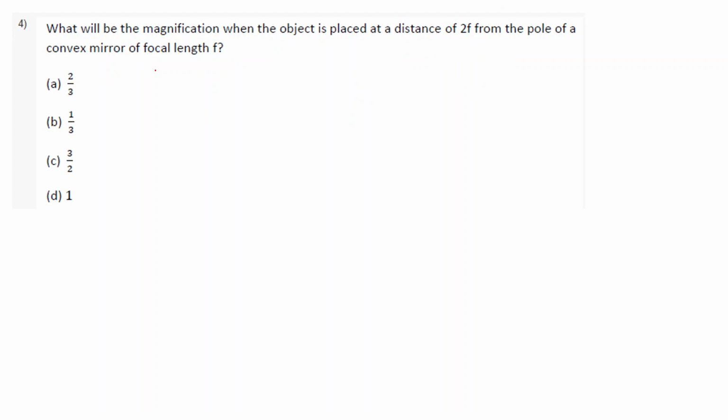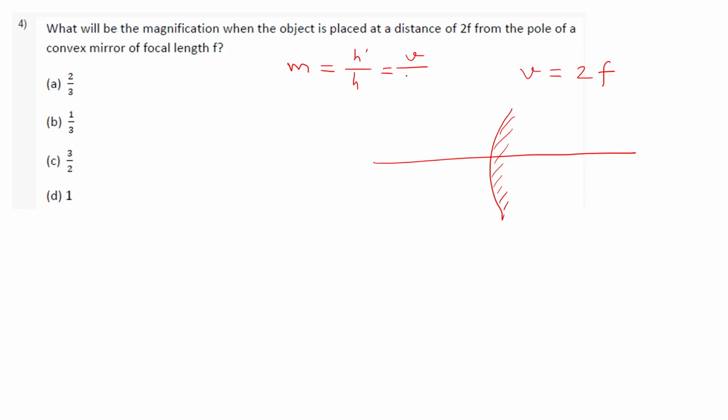And this question is, what will be the magnification? Again we are talking about magnification when the object is placed at a distance of 2f from the pole of a convex mirror. Now here we are talking about a convex mirror, and we need to find out the magnification, which is h prime by h, or the ratio of image distance to object distance.